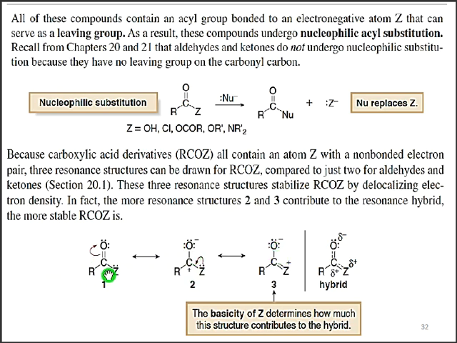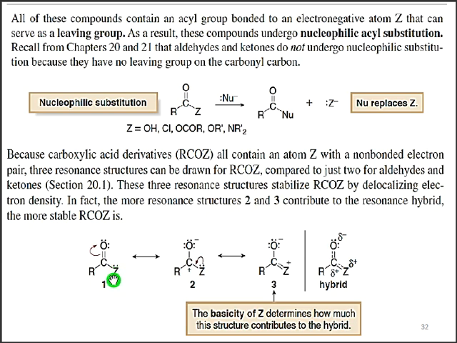Okay. Now, this is the Z group. Any Z group that easily donates the lone pair of electrons, that means it easily gives you the 3rd resonance structure in the hybrid structure. For this reason, if you replace the Z with the halogen, chlorine, it will not easily give the lone pair of electrons, because the halogen is a highly electronegative atom.